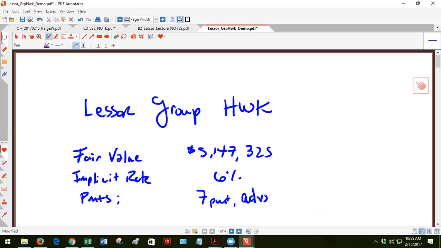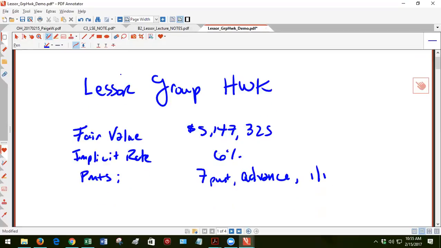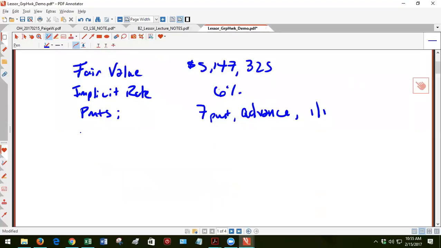Just say advance. Lease inception is January 1 of FY01.